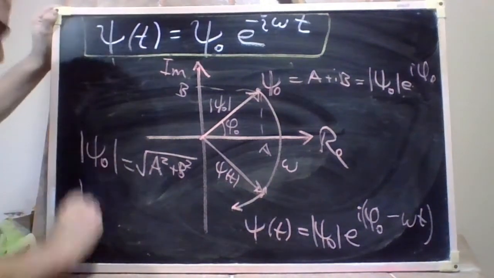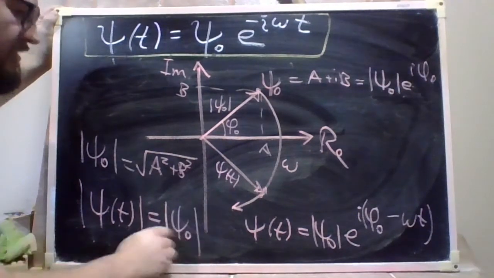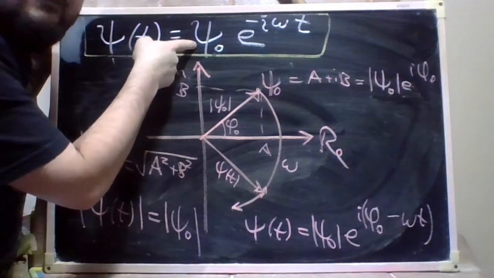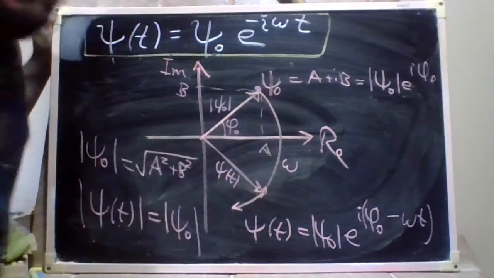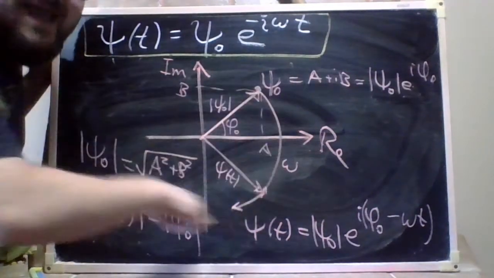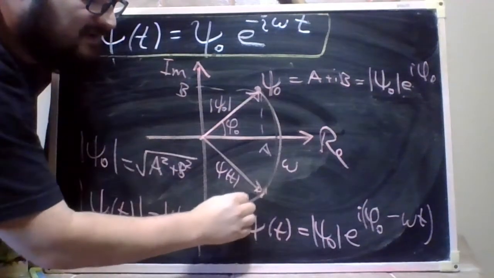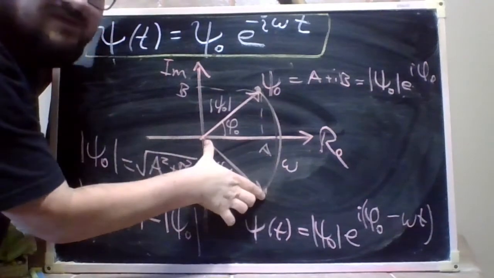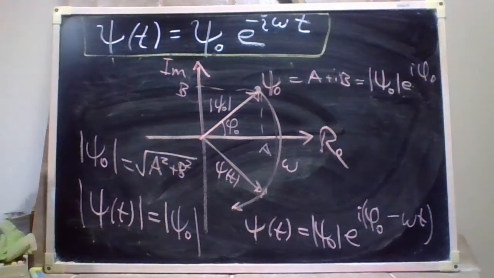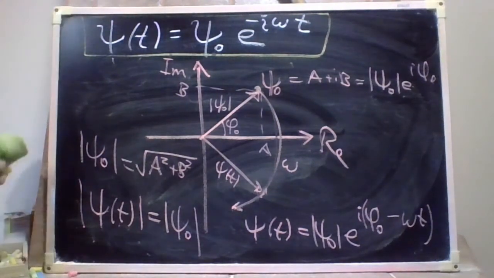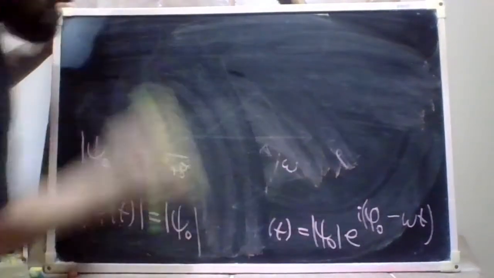So the modulus of this function is just equal to the modulus of this constant, which corresponds to the initial value of the function. All right? So it rotates in the complex plane, just changing phase, not modulus. The length or the size of this complex number is preserved. All right? So that's the mathematical content of that equation.